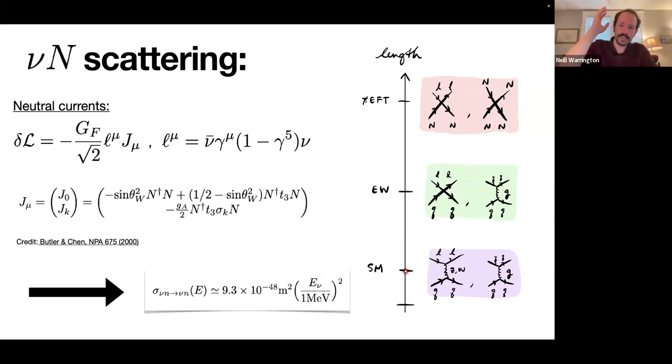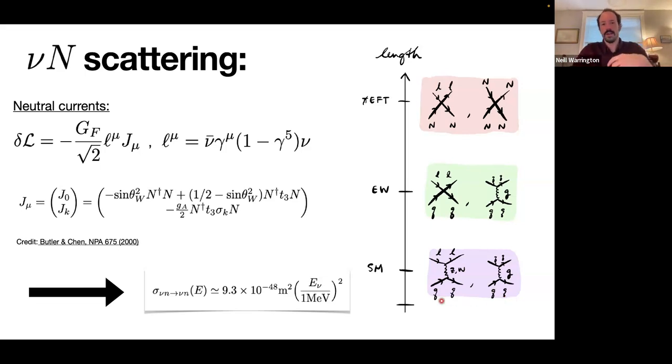At the standard model level, neutrinos scatter off of nucleons through interacting with quarks. Leptons interact with quarks by exchanging a Z or a W. And the nucleons are held together by the exchange of gluons, as you know because you're experts.